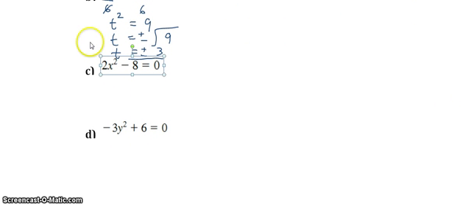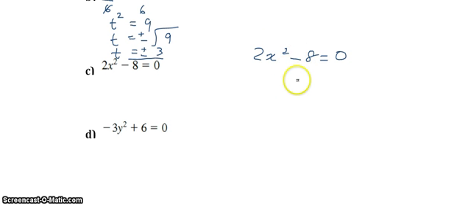What about this one? This one looks a little bit different because we've got 2x squared minus 8 equals 0. Okay, I might do that one over here just so I have a bit more space. So 2x squared minus 8 equals 0. The first step is to get rid of this 8, because this 8 is a bit of a problem for me. So I'm going to add that to both sides, and I get 2x squared equals 8.